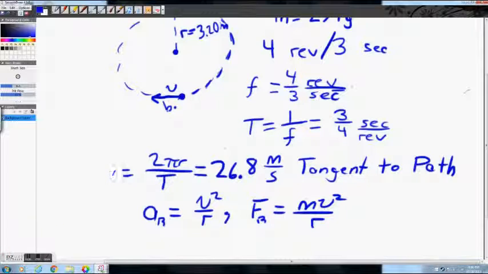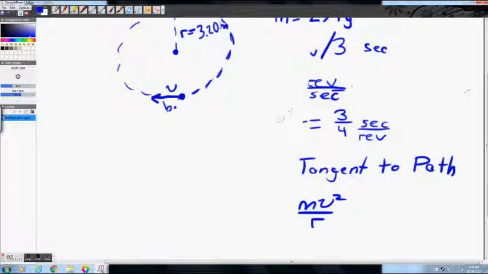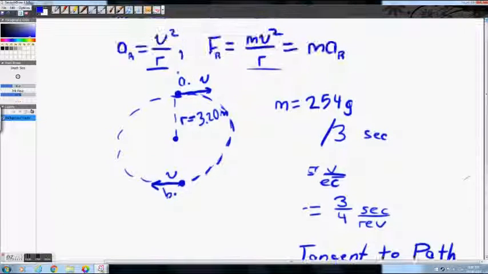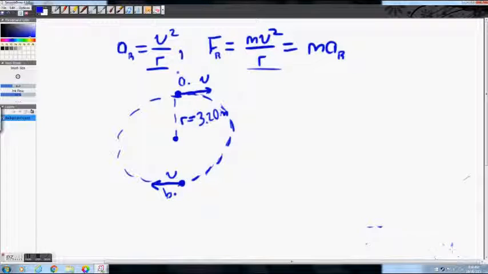Now, okay, so now we've talked about horizontal and vertical circles. We should look at the banking of curves.